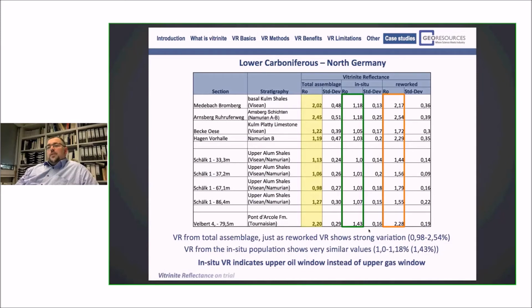2.5. So what we see here is that the in situ maturation is relatively similar in all the samples in this study area, and it's much lower than the total maturation and much lower than what we have seen in the map before.